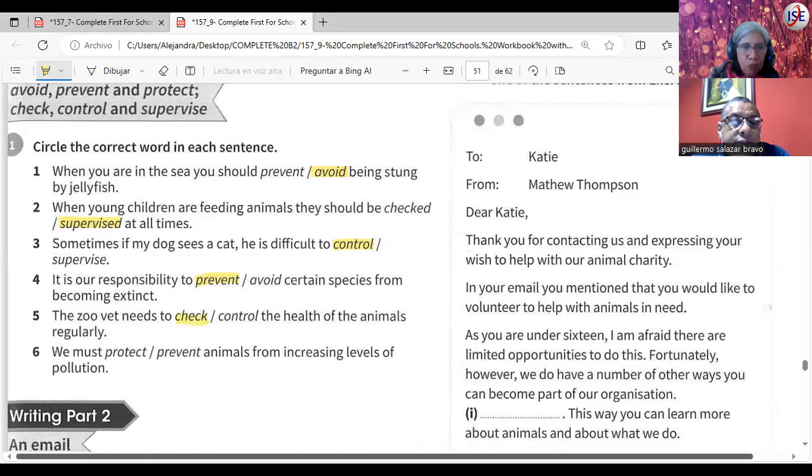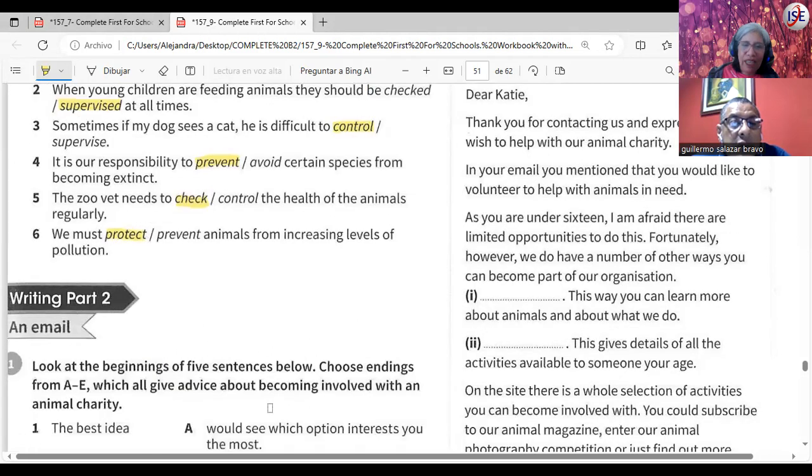And finally, we must protect animals from increasing levels of pollution. Tenemos que protegerlos, no evitar que los animales.